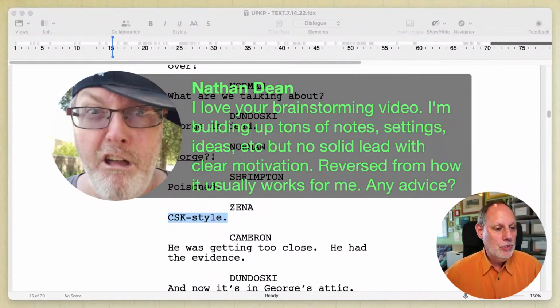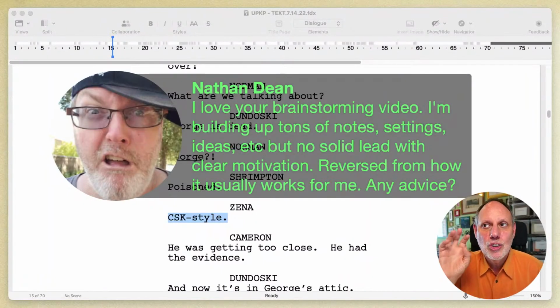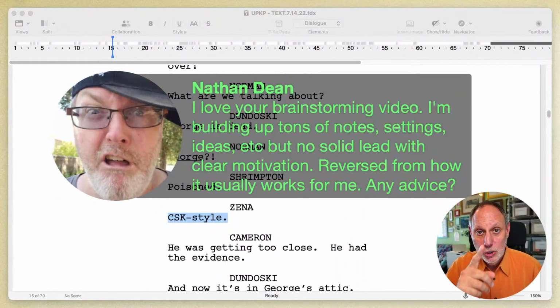Building up tons of notes, reversed from how it usually looks. Any advice? Do a lot of it. That's the great thing: my advice is the more you start doing it, the more you want to do it. Once you start grabbing things, once you start taking the bus, I take the bus, and you see somebody there living out some drama on their phone and you are eavesdropping, of course, which you should do.